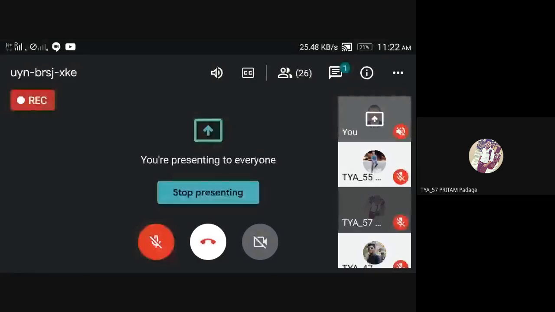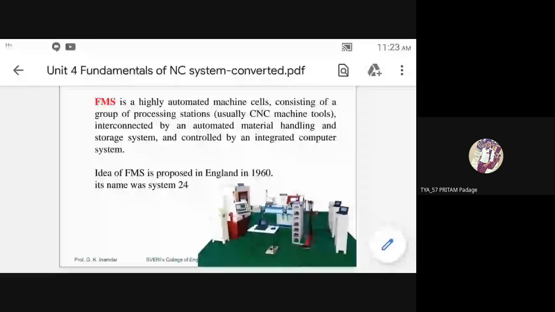What are the processing stations? Whatever the controllers or whatever the drivers are there. Now a fully automated system integrated by a computer system is nothing but the FMS.